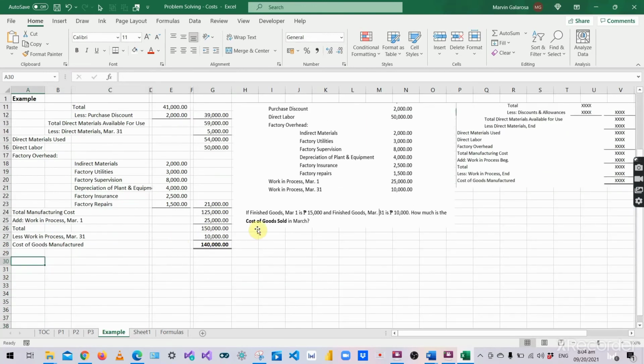What about the cost of goods sold? How do we compute it? We compute it using the formula. Finished goods beginning, add yung na-compute mo na cost of goods manufactured.